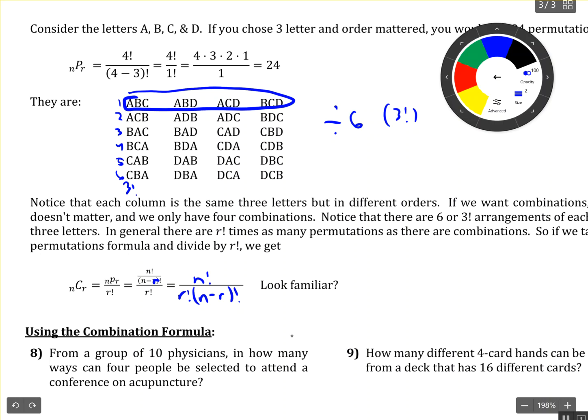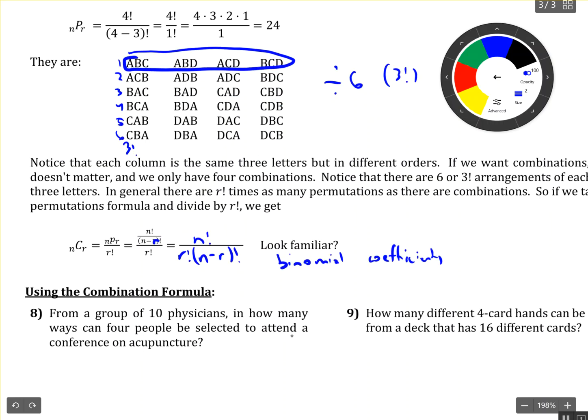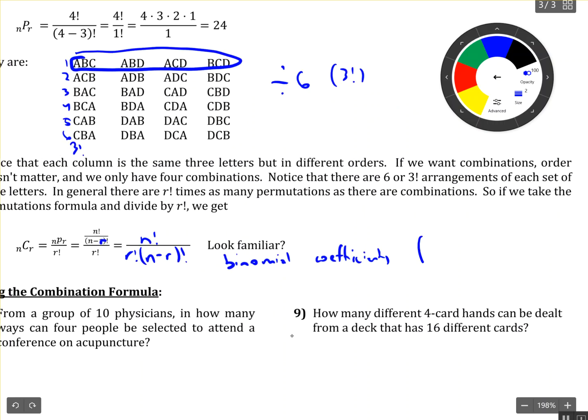And that is the same formula as the binomial coefficients. So nCr you could get from Pascal's triangle if you wanted to. So it's exactly the same as n choose r.